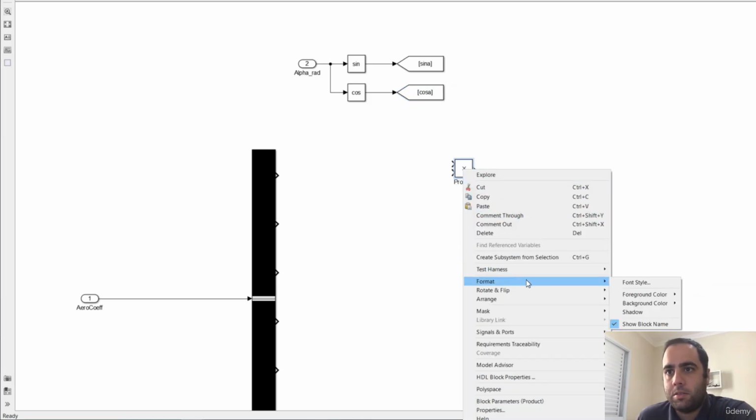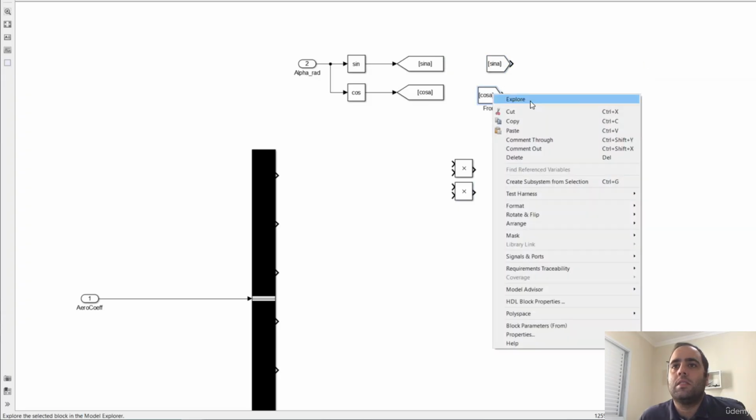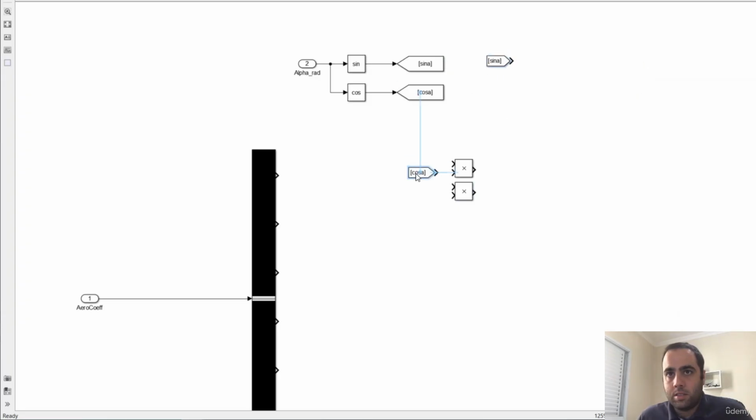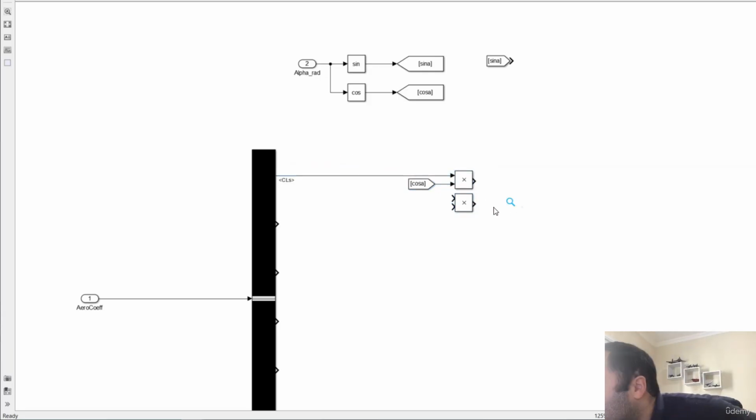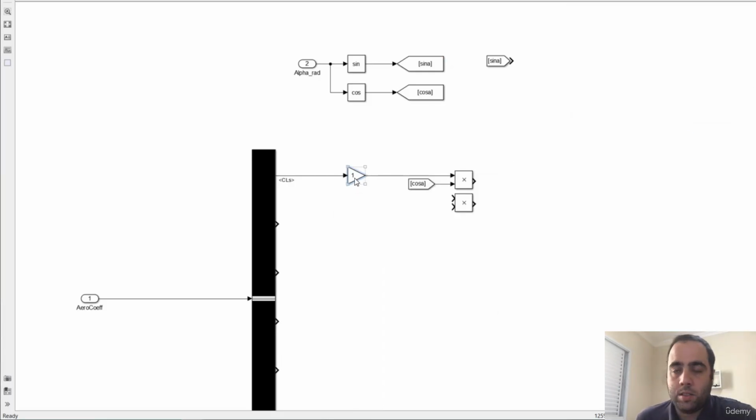We're going to need several products. So we're going to multiply the cosine of alpha times the CL. So let's start with the x coefficient, so x body coefficient.